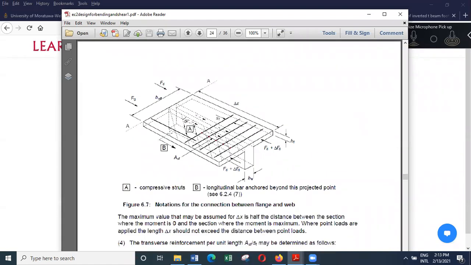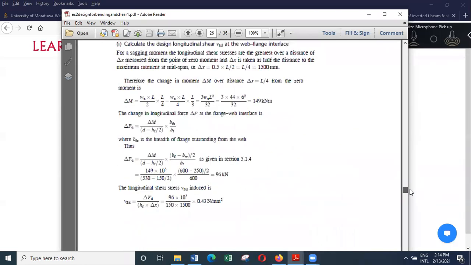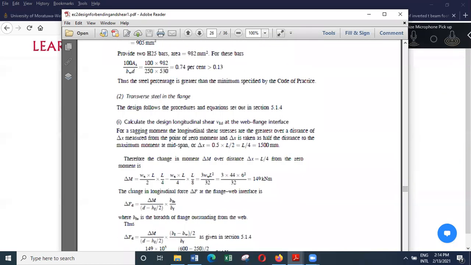Then we looked at why we have to provide some reinforcement, transverse reinforcement in flange beams. Then we looked at how we can calculate that.